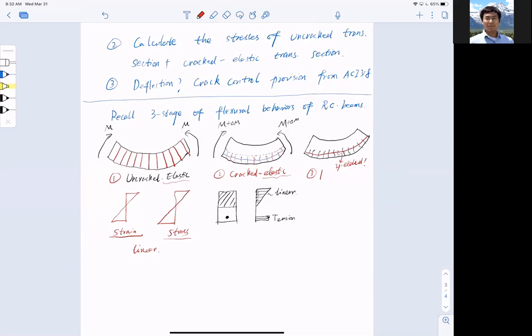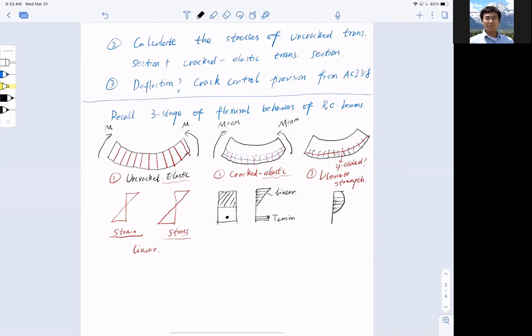So we call it ultimate strength, meaning the section has reached ultimate strength. And in terms of stress distribution for this, you already know, right? I have a concrete that is almost nonlinear, and we use the Whitney stress block, but before that, the actual stress distribution looks like this, remember?